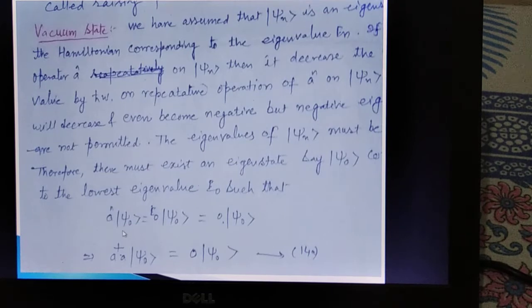That means the eigenvalue of psi 0 is E0, when you are operating A on psi 0. So this state is known as the vacuum state. You can say that the vacuum state is nothing but the state of minimum energy.